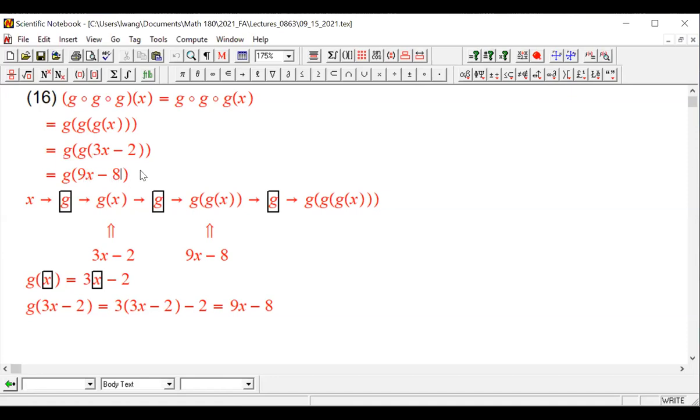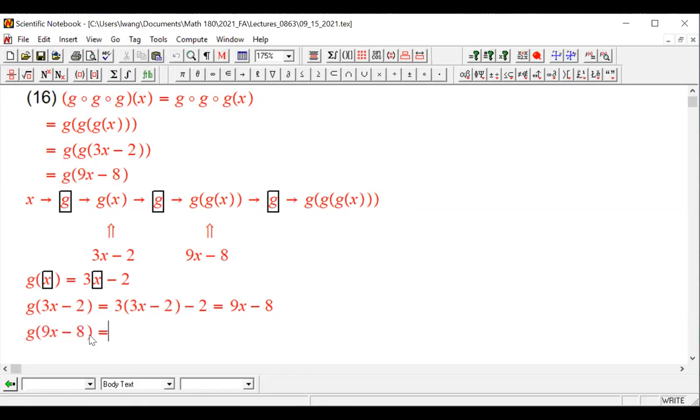Next, this 9x minus 8 is going to be used as input, and this input is going to go through the same rule, which is the last layer. Of course, you can keep this layer going for 10 times, 20 times. So now we're going to look at G of 9x minus 8.